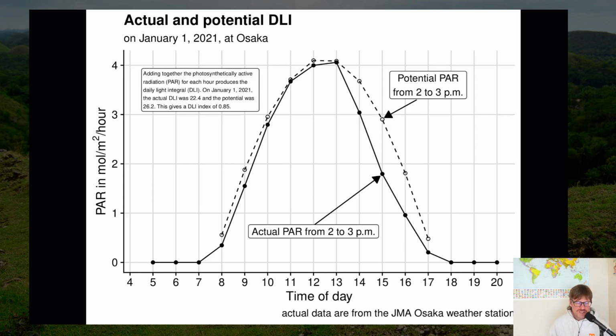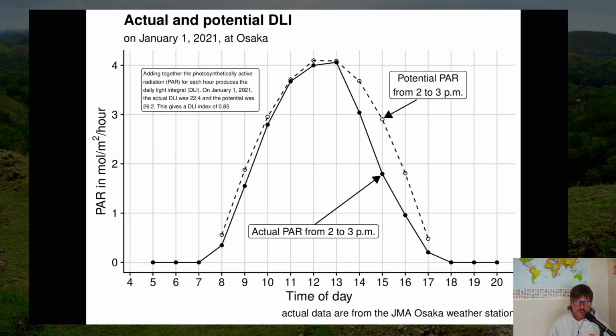I wrote in this chart, I said, adding together the photosynthetically active radiation, PAR, for each hour produces the daily light integral. On January 1st, 2021, the date where I made these calculations as an example for this article, the actual DLI was 22.4 and the potential was 26.2.